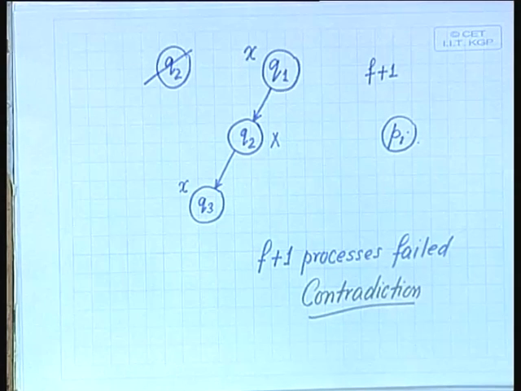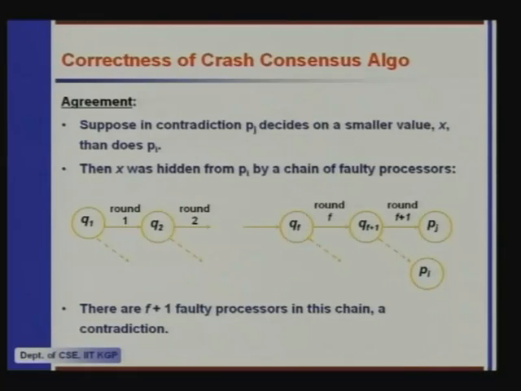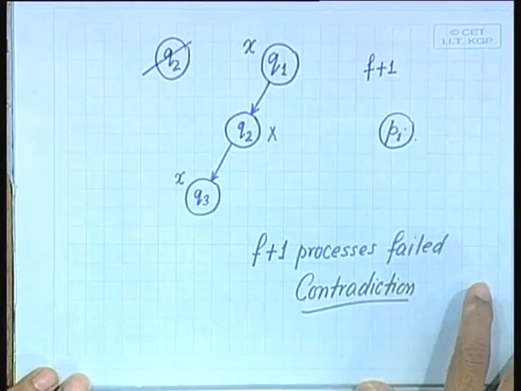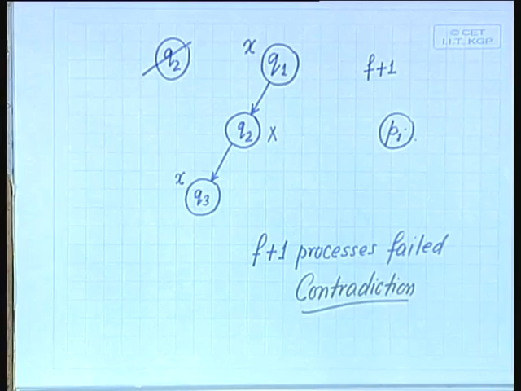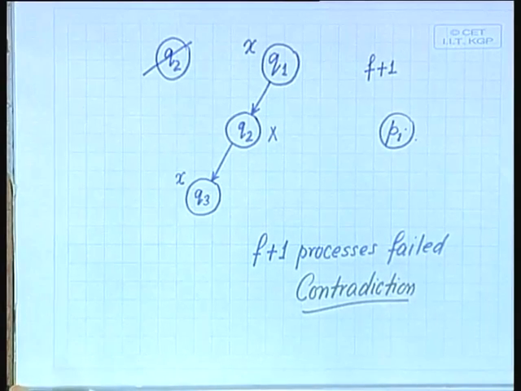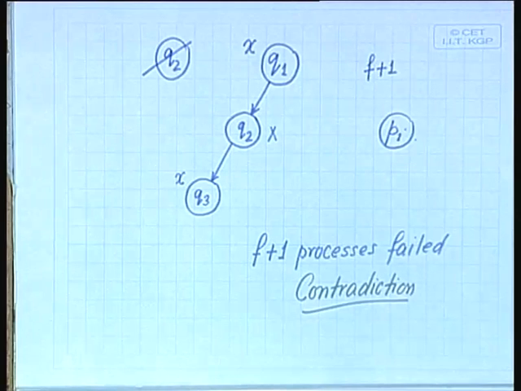In other words, if at most f processes fail, then the crash consensus algorithm will always reach agreement. Okay. We have shown that by contradiction, by saying that let us say at most f processes failed, but still Pj received a smaller value x than Pi.